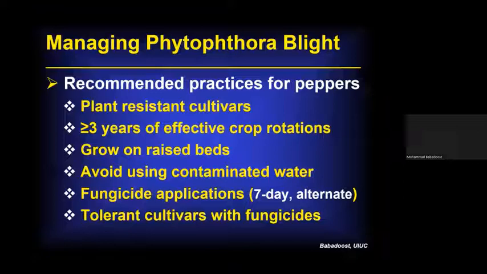You can use a combination of tolerant cultivar and some fungicide application. This is a good way of really managing this disease. I don't use the word control, I'm saying managing this disease. Never do we really accomplish 100%. If we accomplish about 95%, 90%, this is great.